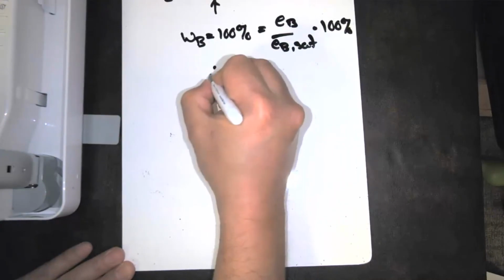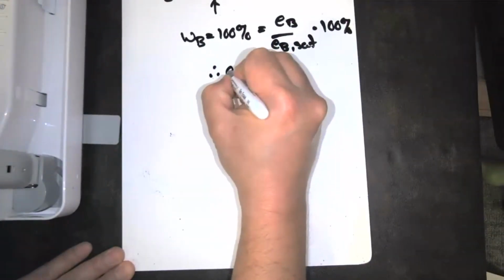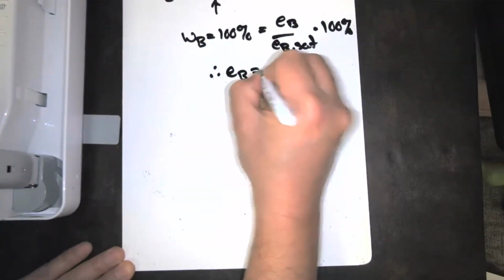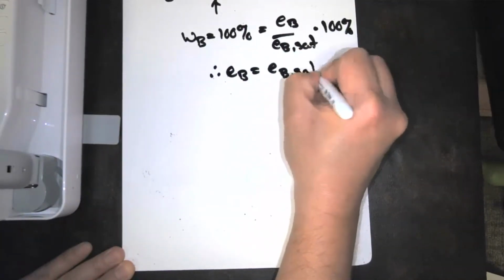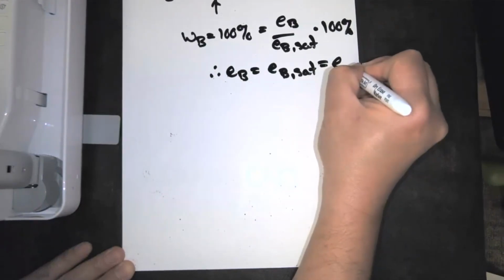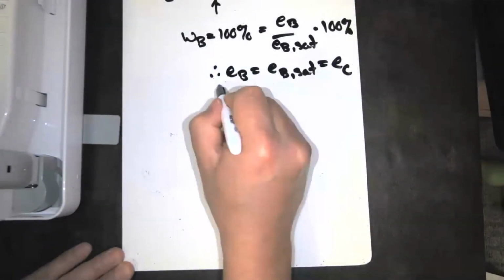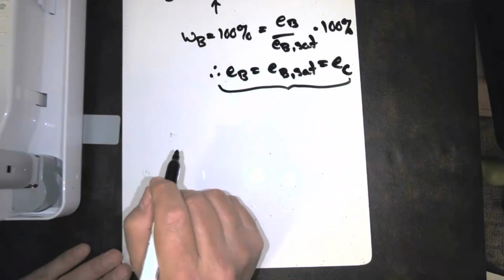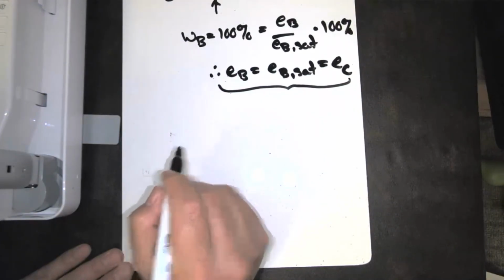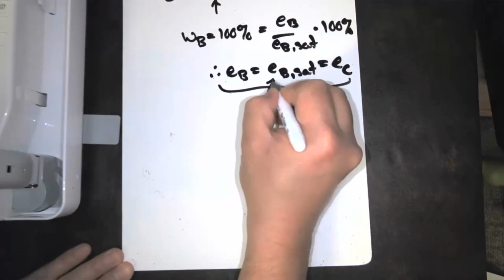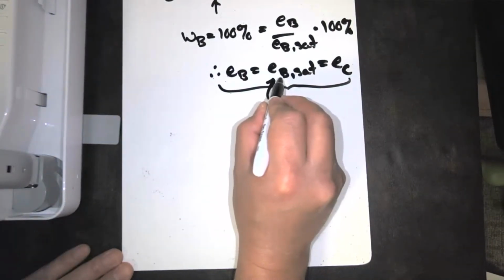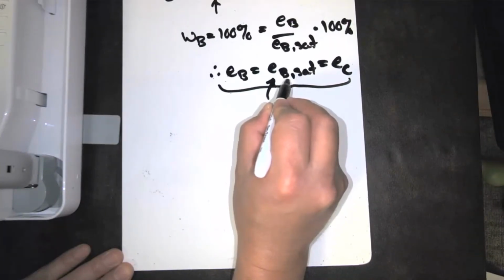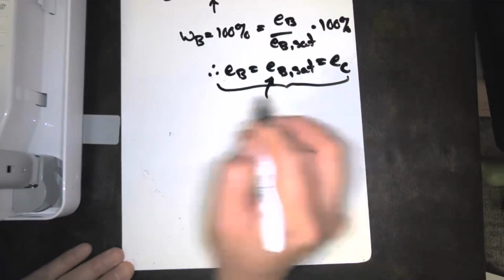And we can say, therefore, E_B is equal to E_B at saturation, which is equal to the vapor pressure at location C. So this is the crux of how you get the relative humidity at location C. Because now, all we need to do is determine the saturation vapor pressure at location B, which is a function only of the temperature at location B.